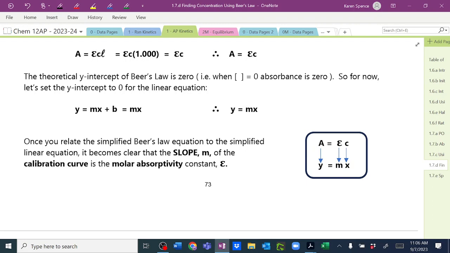So if we look at absorbance equals the molar absorptivity times C times L, let's just solve for the molar absorptivity. Do that algebra yourself. Go, do it.